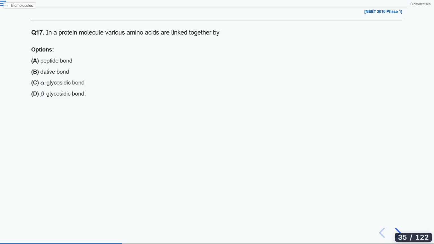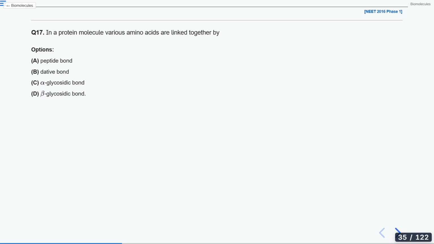Can anyone tell me? Yes, A is the correct one. No, it is not present in glucose. You cannot say it is present in glucose. Where is your glycosidic linkage present? In which biomolecule? No, it is not present in monosaccharides. Okay. Anyone else?